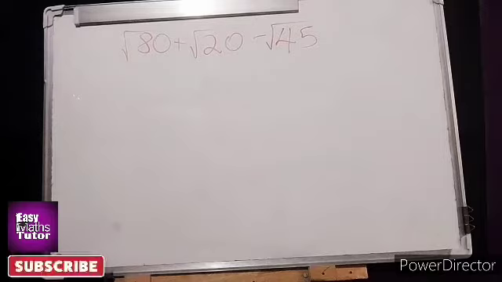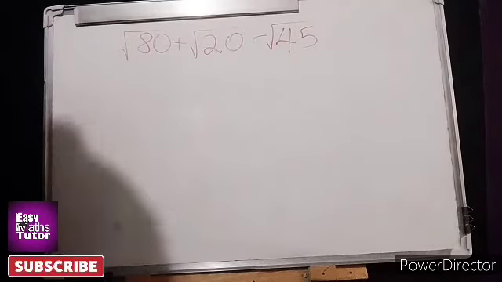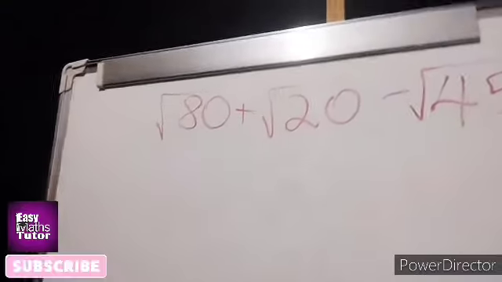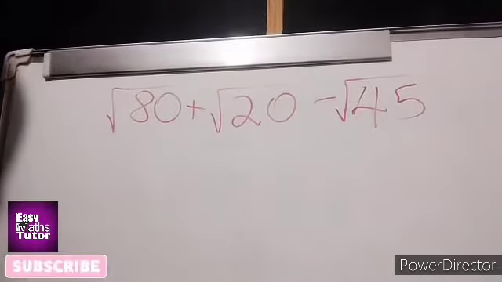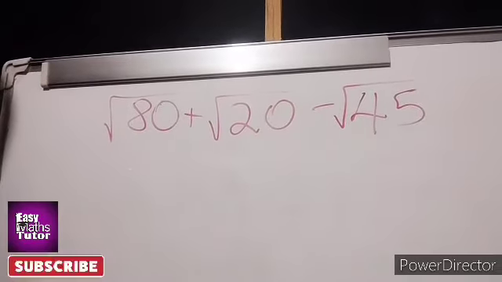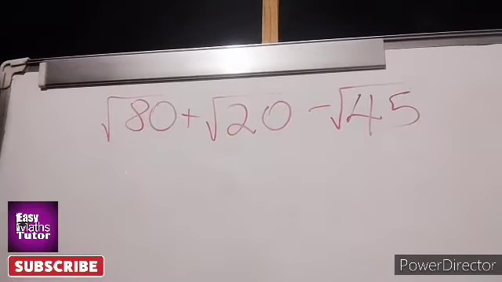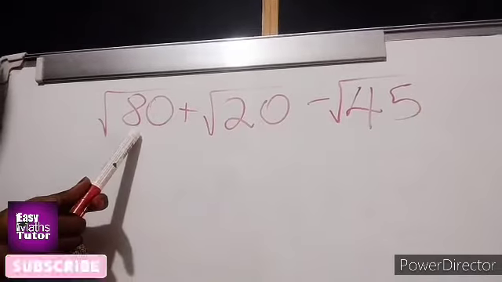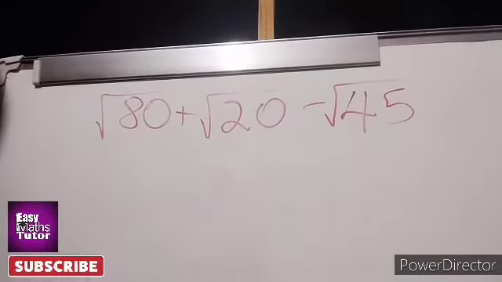So this is another problem we have here. We are supposed to simplify these problems. And this is root 80 plus root 20 minus root 45. So we're going to look for the factors inside these roots that are perfect squares.